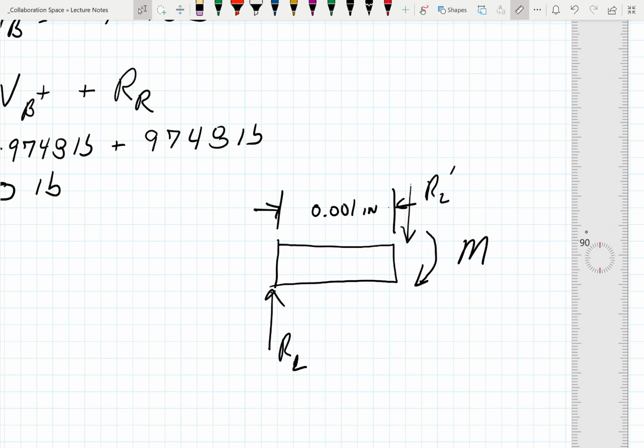Okay. From that part out RL, I'm holding this end fixed, okay? And I got 0.001 inches here, okay? There'd be a moment because of the reaction for this thing. RL is going to want to twist it up this way, okay?